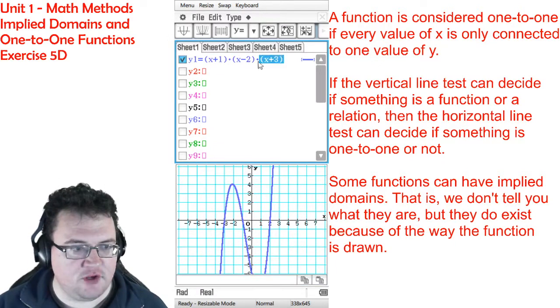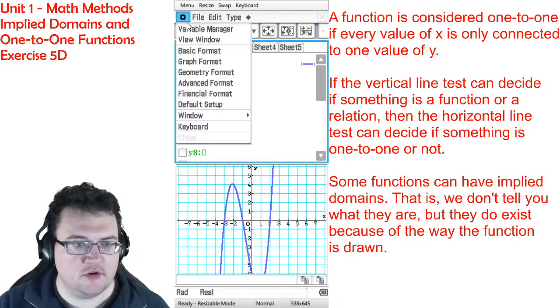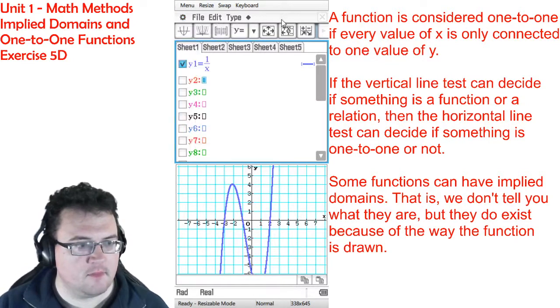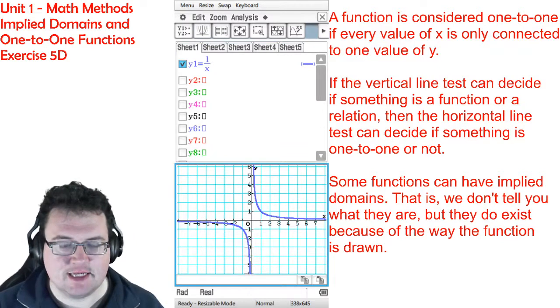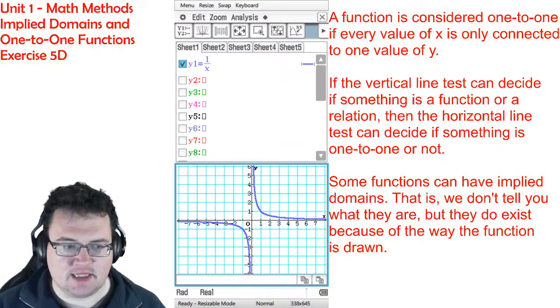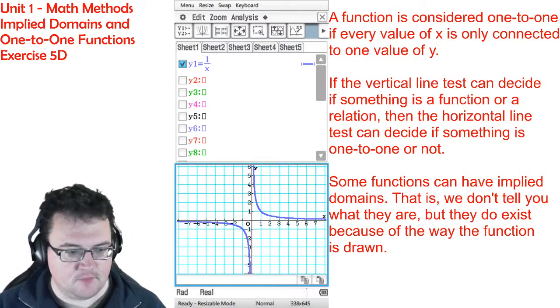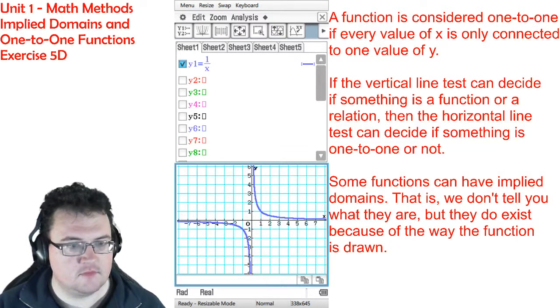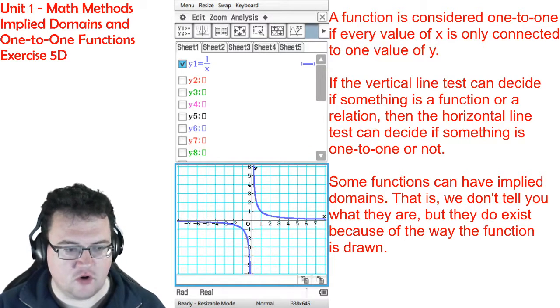For example, if we start looking at our good friend, anything with an asymptote, and I draw a line across it, is it a one-to-one function? If I draw a line across it, what happens? How many times does it cross?